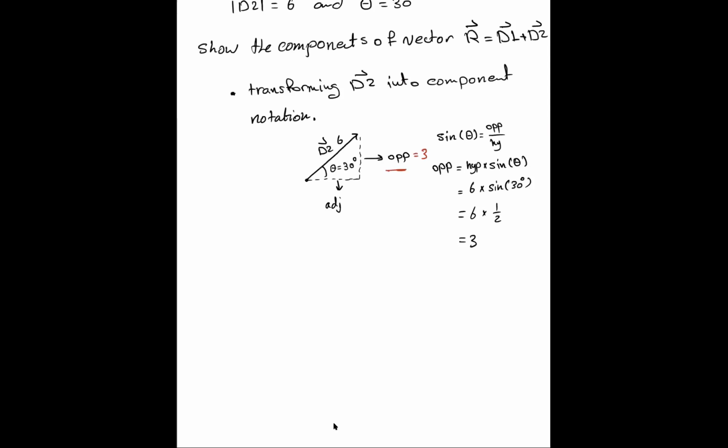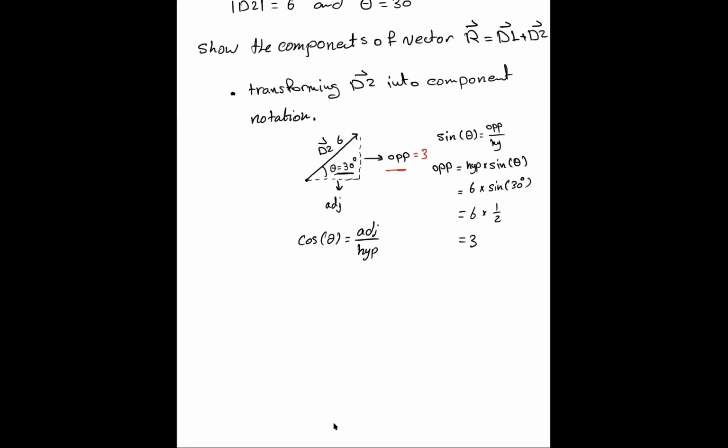In this case, what's the identity that we can use to find the adjacent? It's an identity that will use the angle and the knowns that we have, which is the angle and the hypotenuse. And that identity is cosine, because we know that cosine theta is equal to adjacent over hypotenuse.